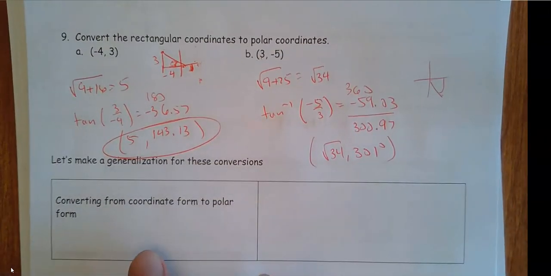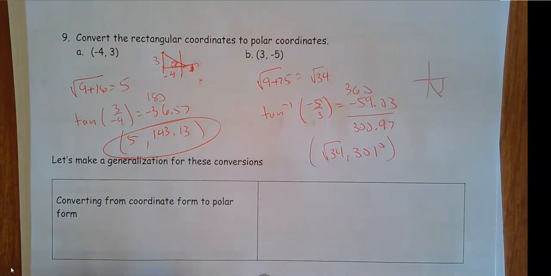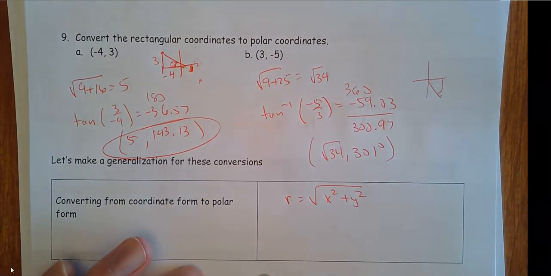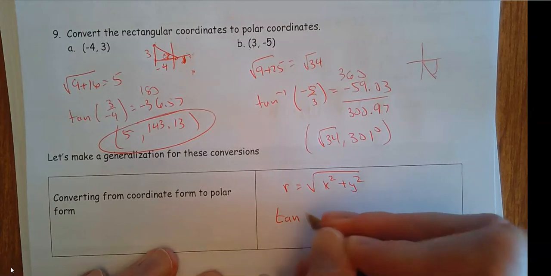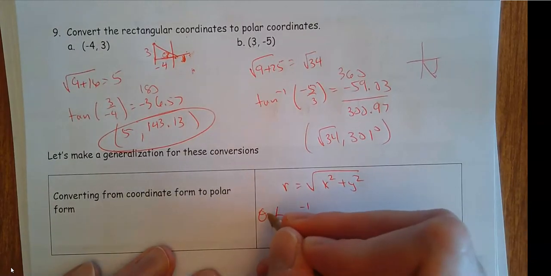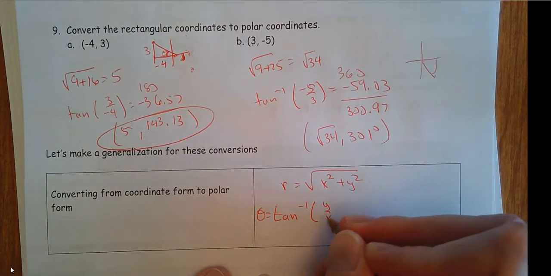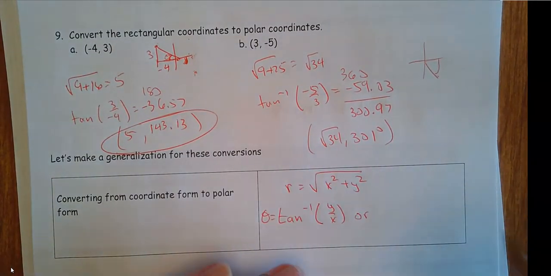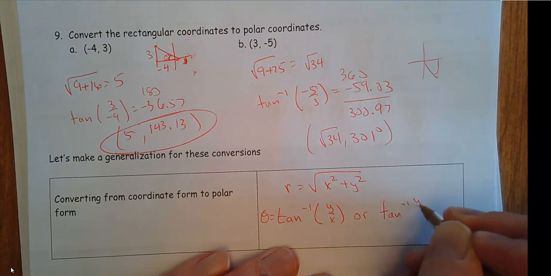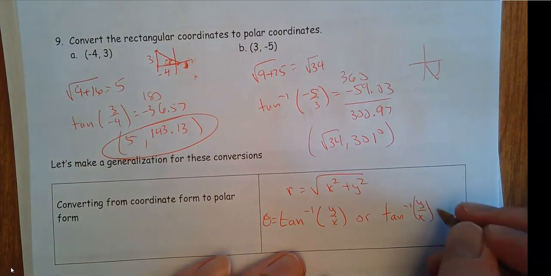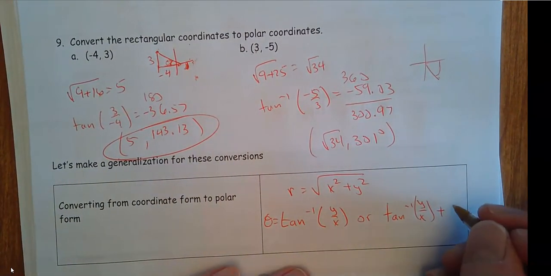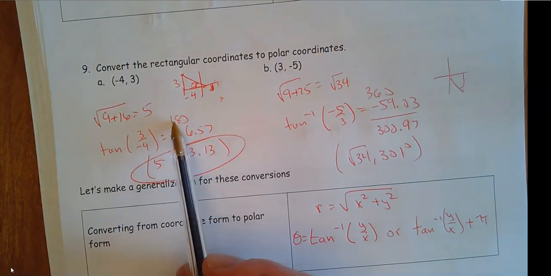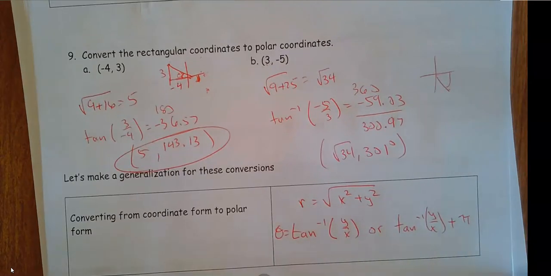So when converting from coordinate form to polar form, the r is always going to be the square root of the x squared plus the y squared. Then to find the theta, we're going to do inverse tangent. I'll say theta equals inverse tangent of y over x, or inverse tangent of y over x and then we have to add pi to that, because over here I took -36.57 plus 180, or pi.